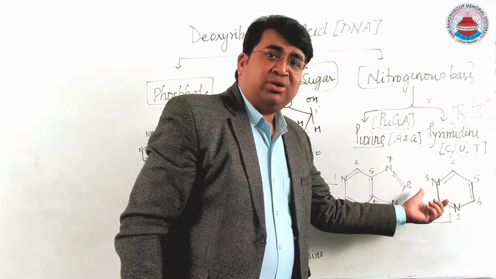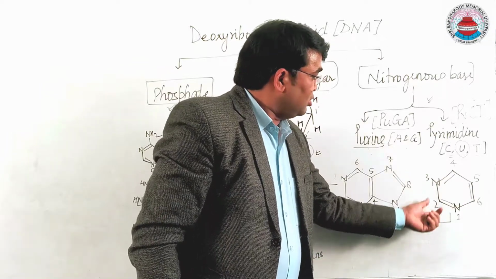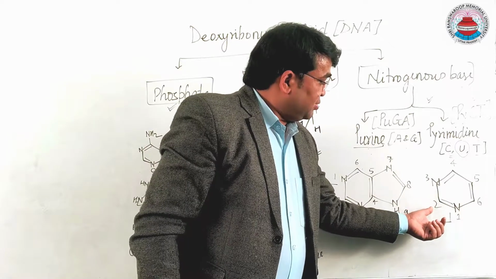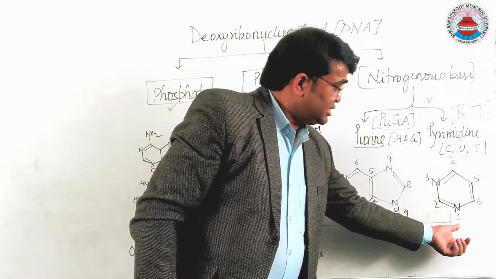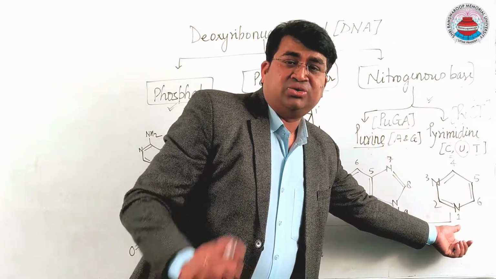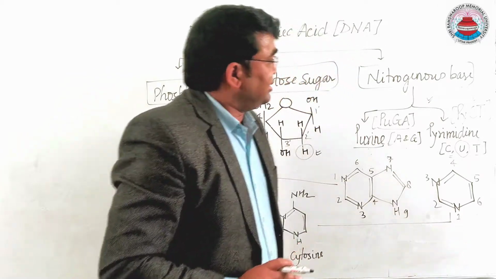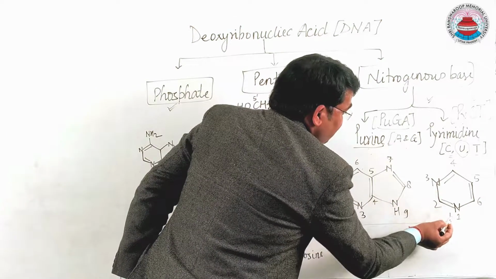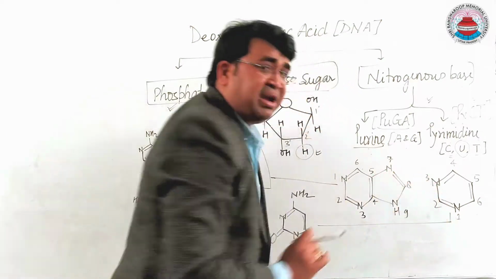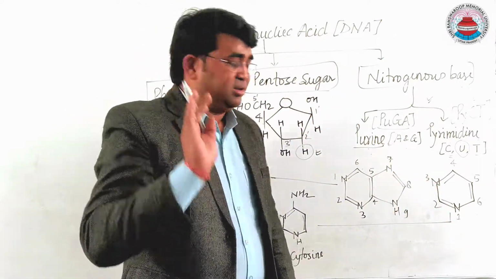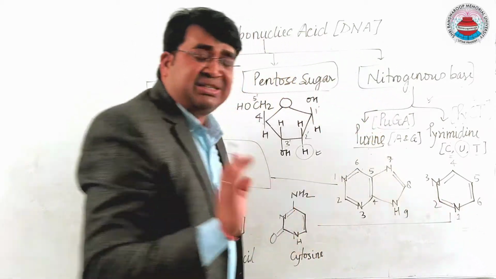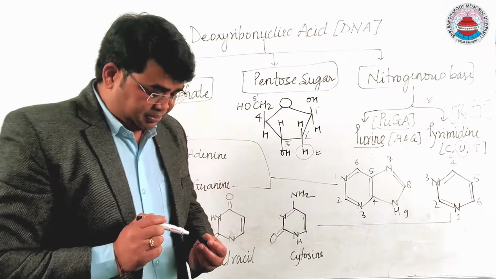With respect to benzene, you all know this is called the ortho position, this is the meta position, and this is the para position. In pyrimidine there is a nitrogen atom at the ortho and para positions of the benzene ring. This is how you can remember the basic skeleton of pyrimidine.